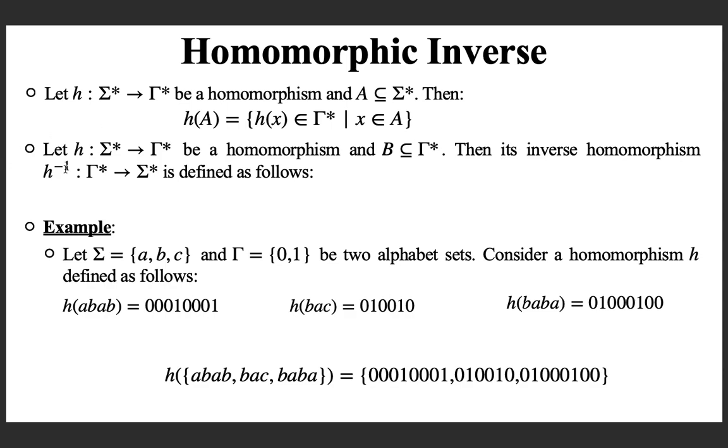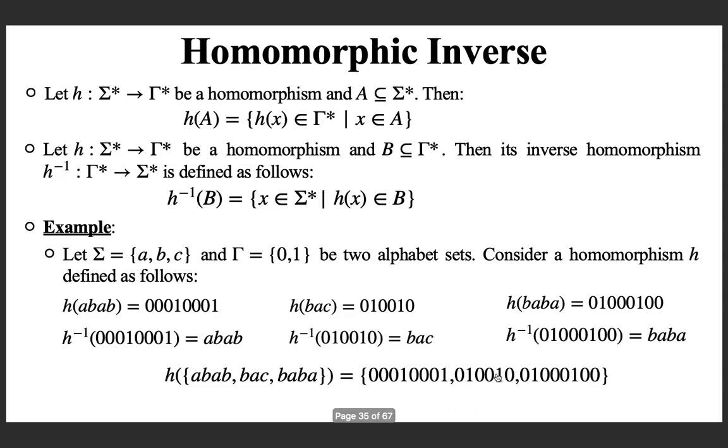Then its inverse homomorphism h inverse from gamma star to sigma star is defined as follows. h inverse of B, for any subset B of gamma star, is the set of all strings x in sigma star such that h of x is an element of B. That is, if h of AB is this, then h inverse of this binary string is AB.